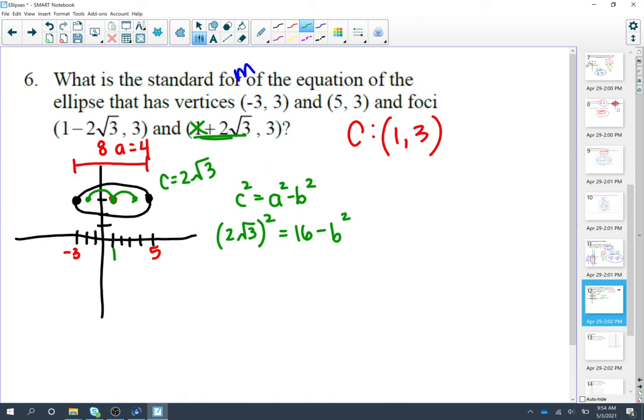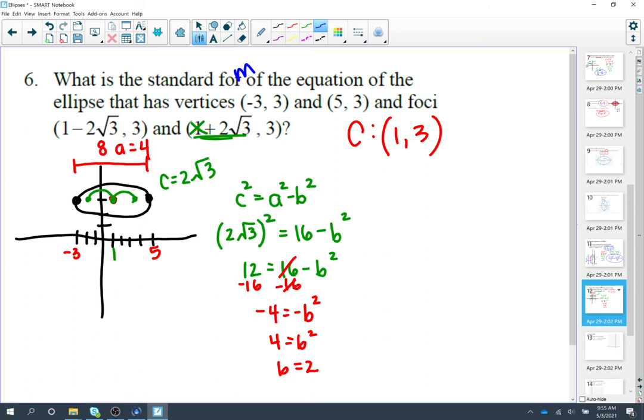If you take 2 root 3 and you square it, that's going to give you 12. Subtract 16 from both sides. Negative 4 equals negative B squared. Divide by a negative. Take the square root. We now know B is 2.